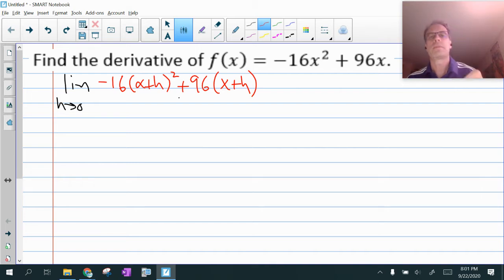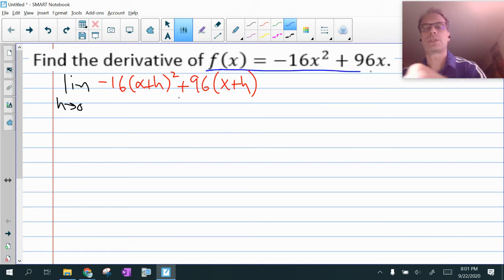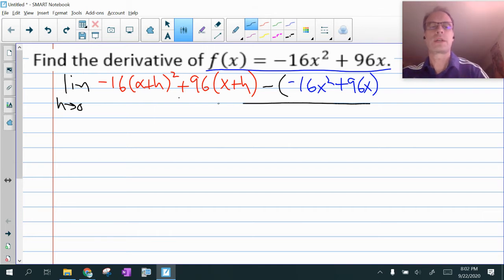Next, I am going to find f of x, which, oh wait, that's just this here. So all I need to do is subtract that expression. So that's going to be a negative 16x squared plus 96x. And then I just stick that whole thing over h.